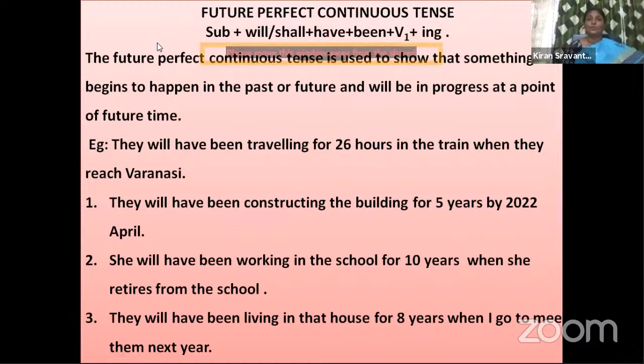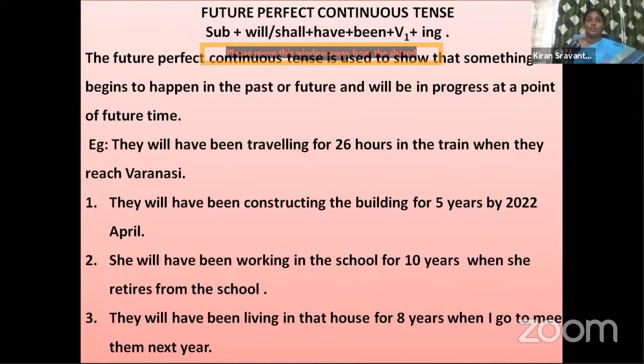Then how to use this future perfect continuous tense and when? The future perfect continuous tense is used to show that something begins to happen in the past or future, and it will be in progress till when? At a point of future time.